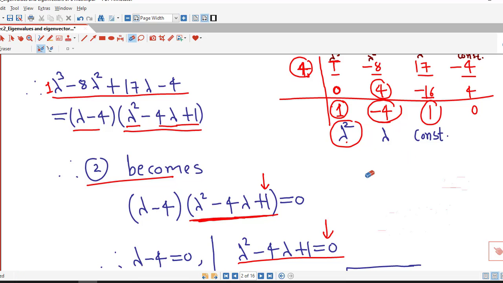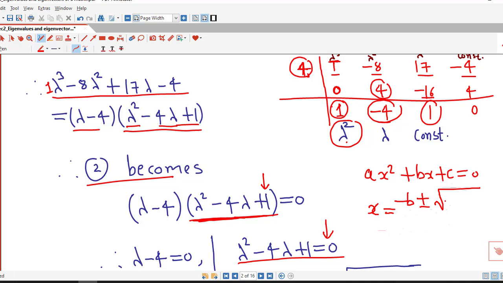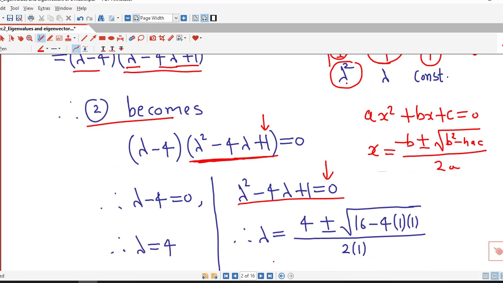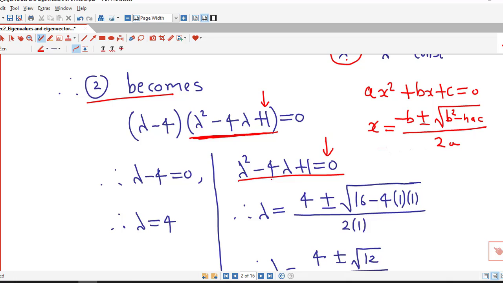Otherwise, for quadratic equation, we will use this formula of solving quadratic equation. Solution of this quadratic equation is given by minus b plus or minus square root of b square minus 4ac divided by 2a. So here we find out value of lambda using this formula. So here b is minus 4. So minus b is 4 plus or minus square root of minus 4 square, which is 16, minus 4 into coefficient of lambda square into constant term divided by 2 into coefficient of lambda square.